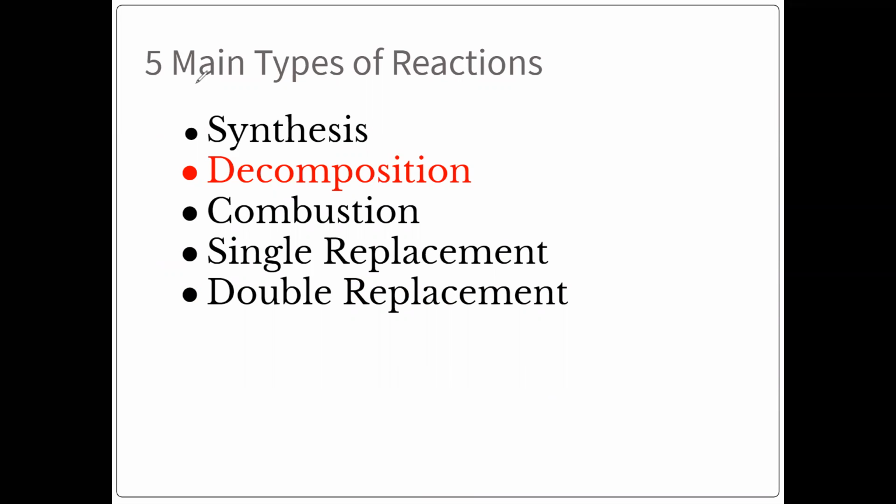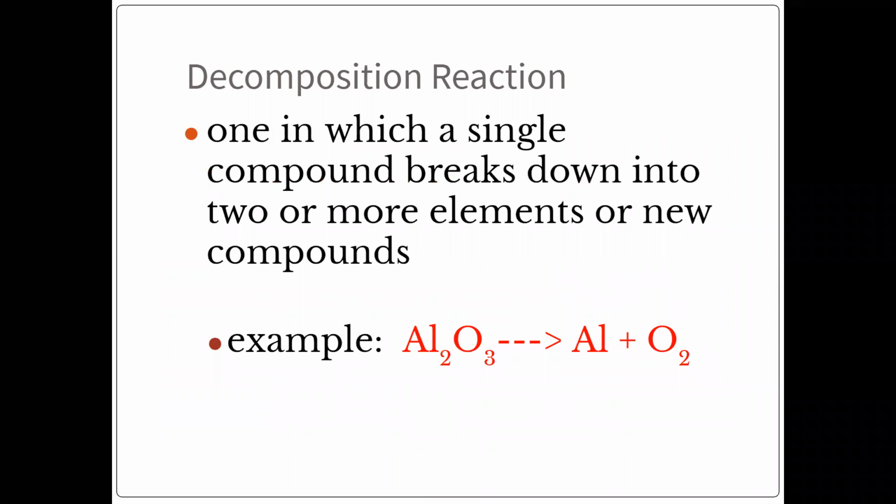Decomposition is next. Again, decomposition, the word means to break down. So shockingly, we're going to break stuff down in a decomposition reaction. With these ones, you're going to see the exact opposite of a synthesis. Whereas synthesis was A plus B equals AB, we're going to have AB breaking down into A plus B. So the exact opposite thing is happening here.